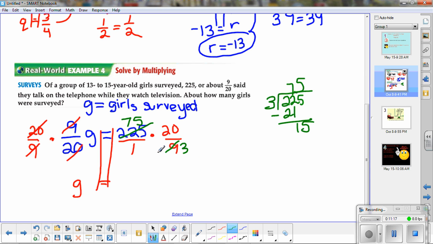Now, I actually know that I can divide by 3 again because 7 plus 5 is 12, and 12 can be divided by 3. So I'm going to go ahead and do that again.